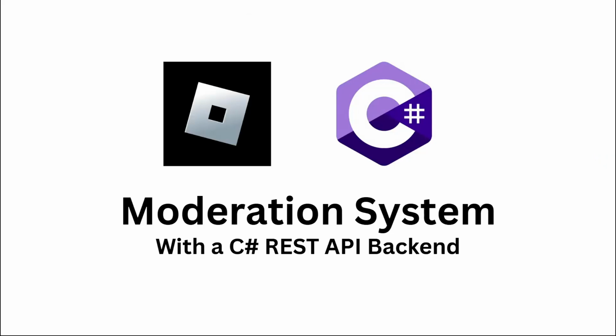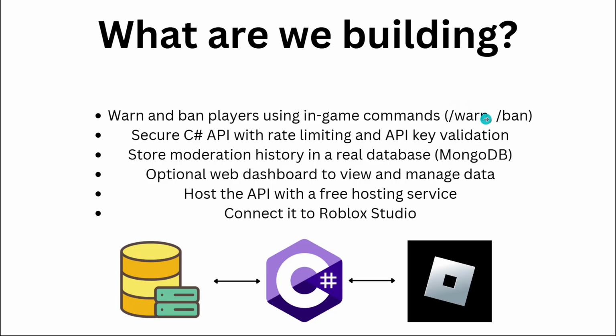I know I haven't released a video in ages, but I'm really happy to show you this thing that I've been working on as a multiple video tutorial series. In this series, we're going to make a Roblox moderation system. What that means is we're going to add in-game commands using warn, ban, so we can add moderation to a Roblox game.